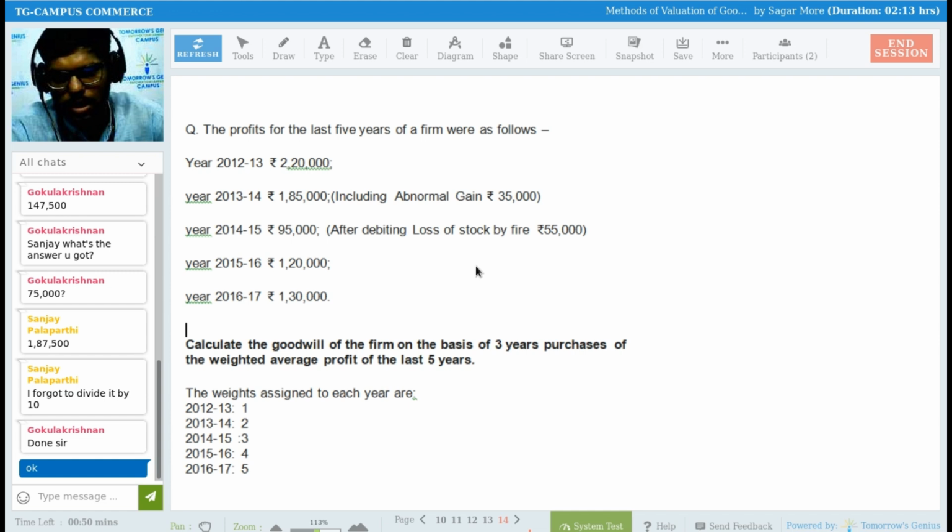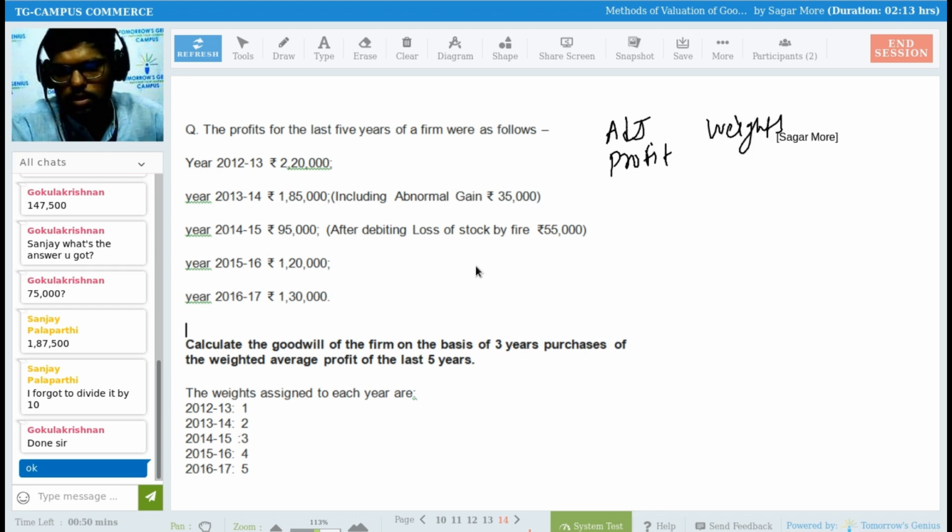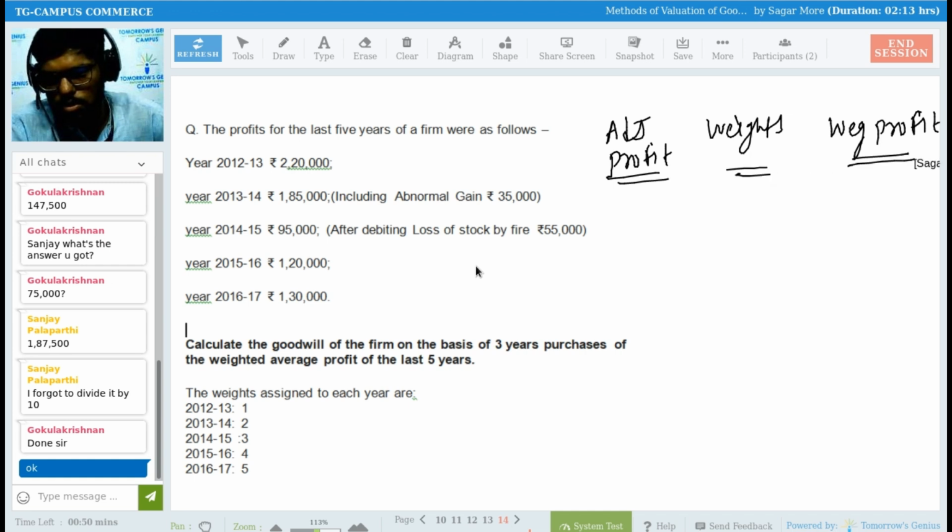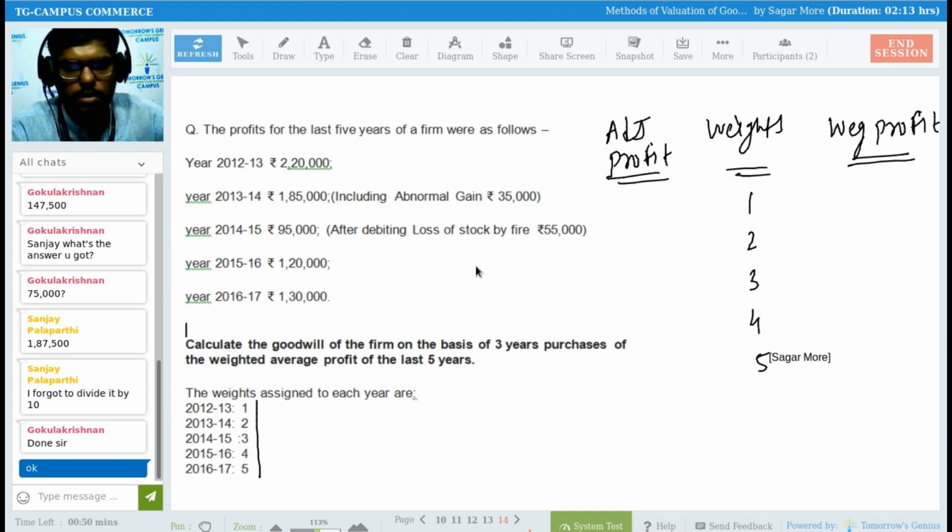I'm preparing the way of answer here. First calculate adjusted profit, then write down weights, then calculate weighted profit, right? The weights are mentioned here: 1, 2, 3, 4, 5. But you have to calculate adjusted profit.